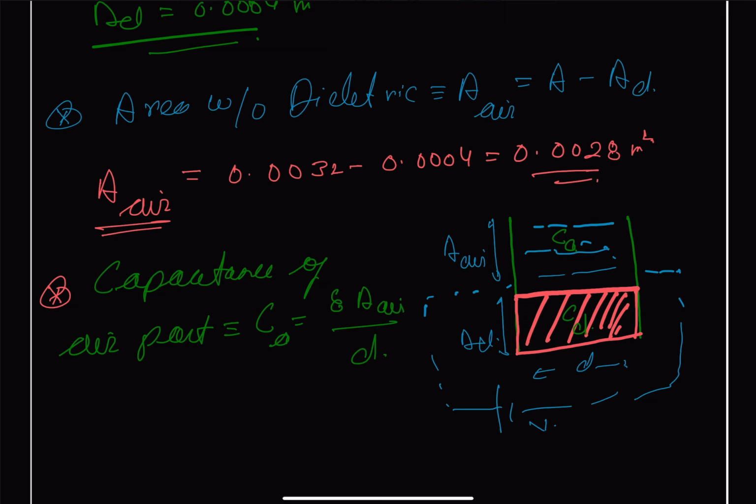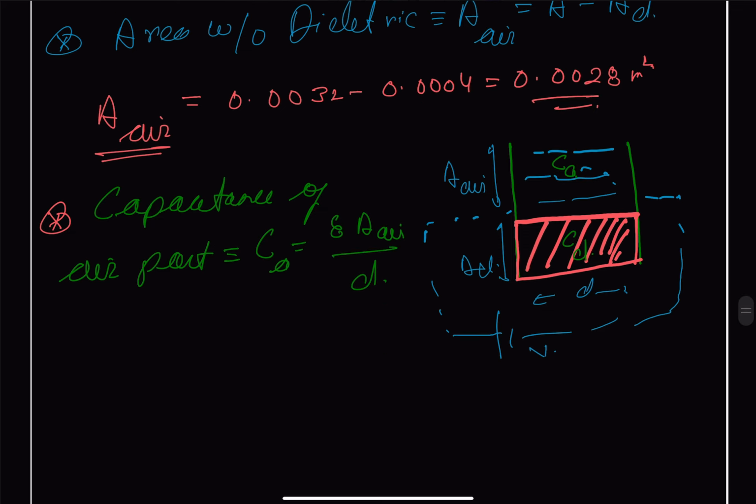We substitute the values: C air will be equal to epsilon naught times 0.0028 over the distance 0.004. This comes as 0.7 epsilon naught.